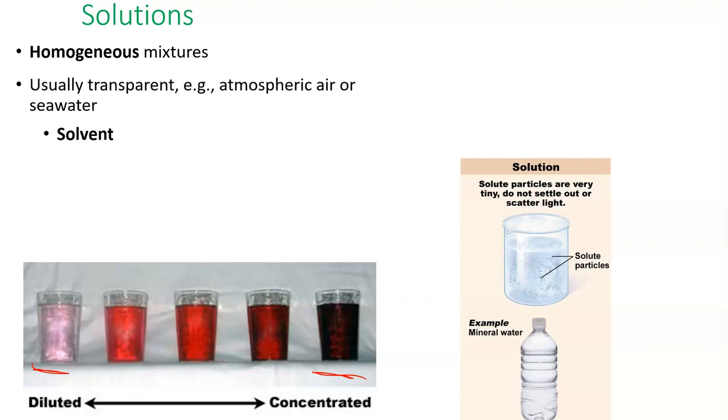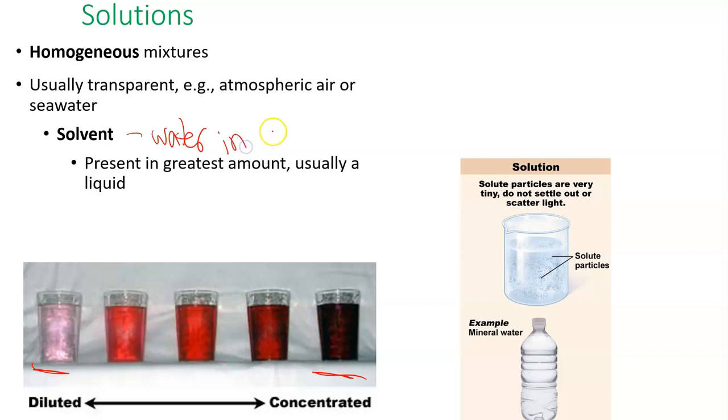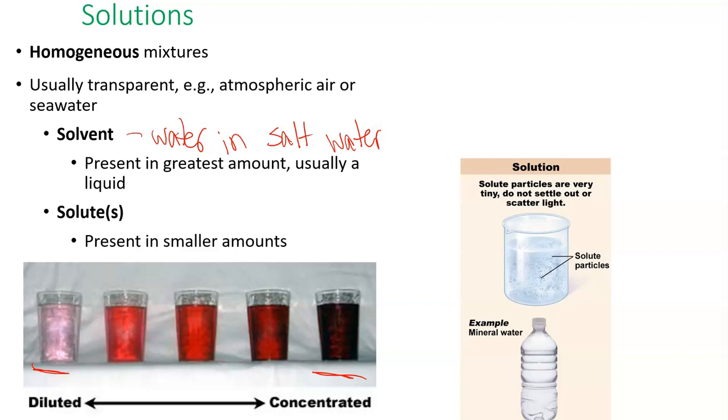The solvent is what you put the solute in. It's the thing that's in the greatest amount, usually a liquid. So if you think of the water in salt water, that would be your solvent. The solute is present in smaller amounts.